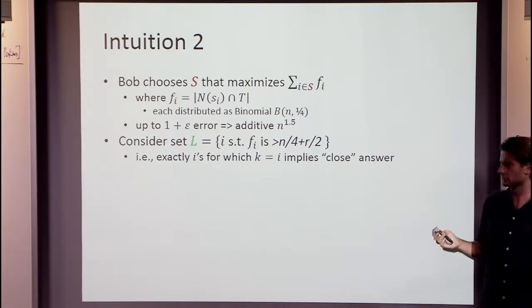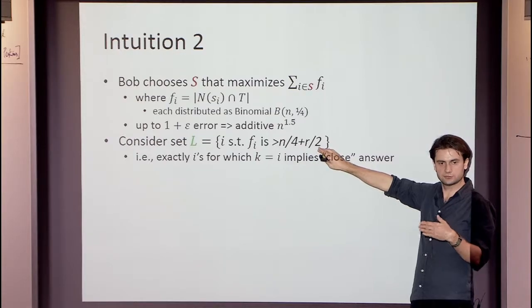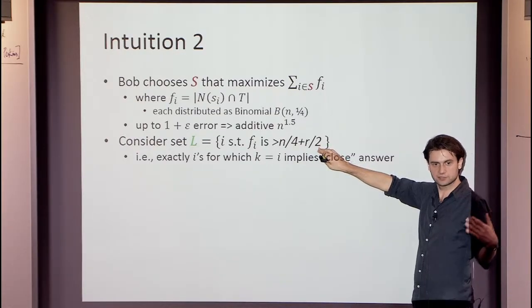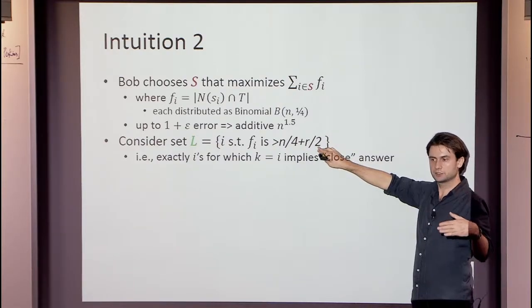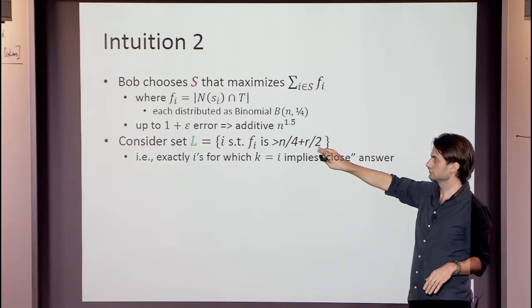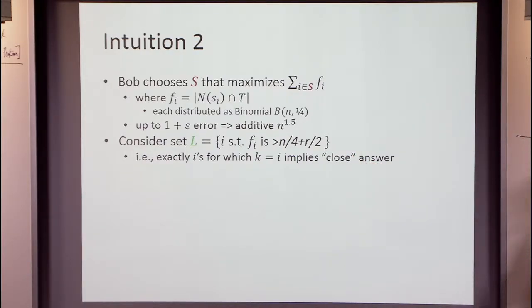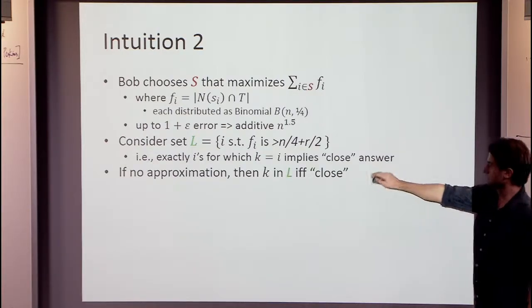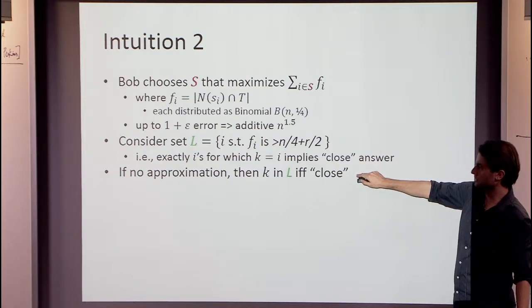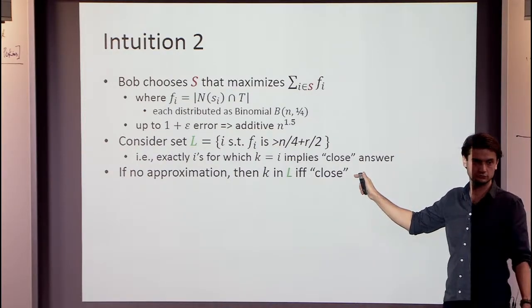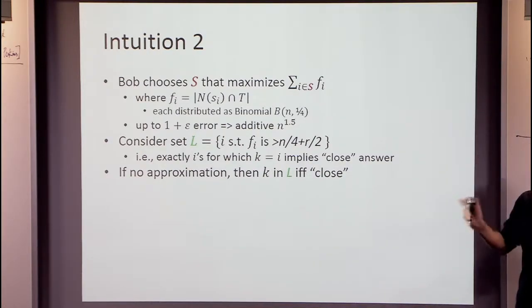This is the number of edges, which is the negative of the distance, so it means the distance is less than the average minus standard deviation. Else are things which are average plus standard deviation. Just repeating the point I mentioned before: if there is no approximation, then k is in L only if it is close, just because of concentration.